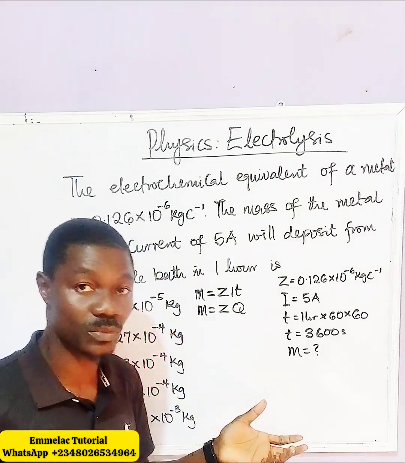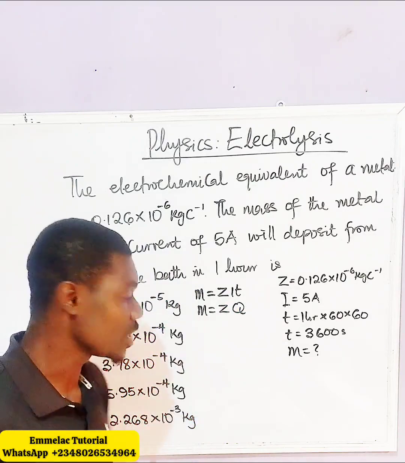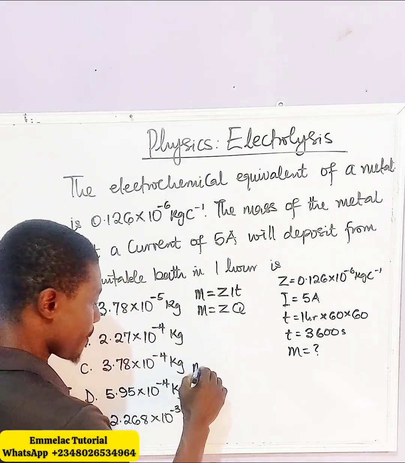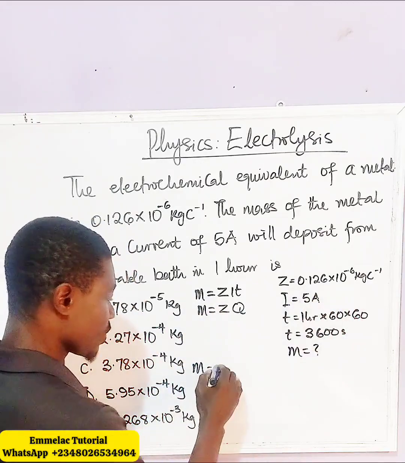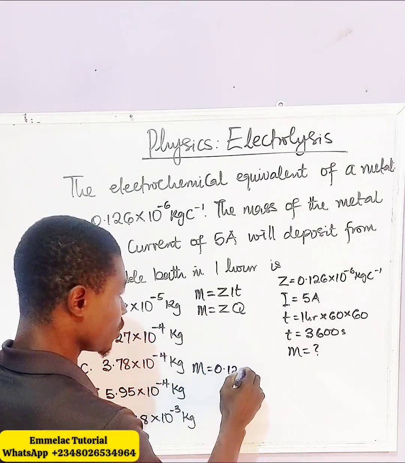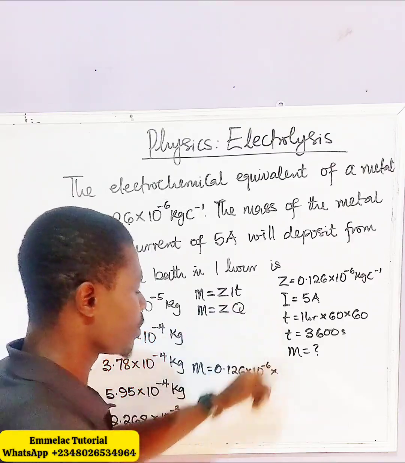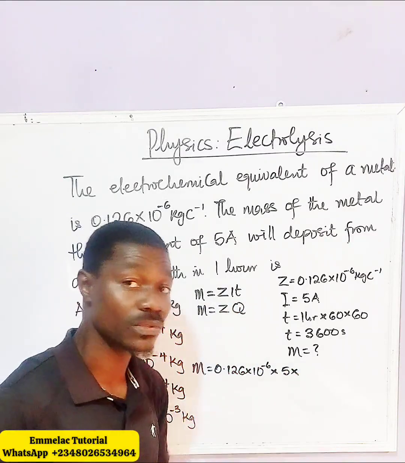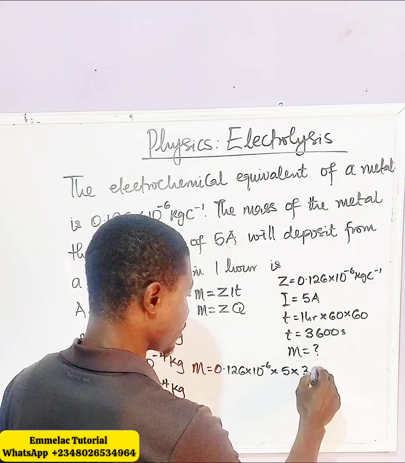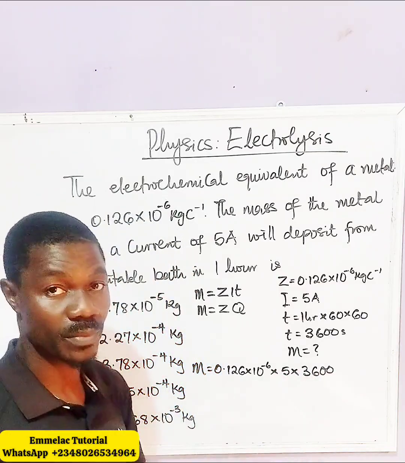So the next thing we need to do now is to plug in these parameters into the above equation. So here we have that M is given as Z, which is the chemical equivalent, 0.126 times 10 to the power minus 6, then times the current, which is 5, then times the time, which is 3,600. Okay, so what we need to do now is to multiply through.